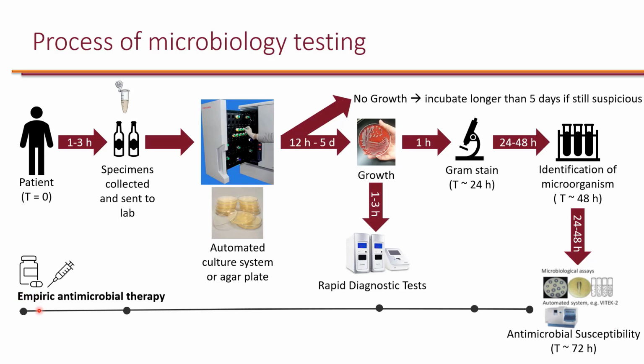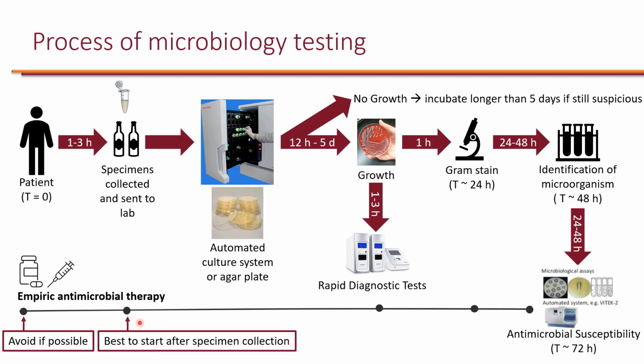So now we can kind of look at the timeline of treatment. We typically want to avoid treatment as soon as the patient arrives, because if you give the antibiotics immediately, you might not be able to identify anything because you kill all the organisms. So you want to get your samples first if possible, and then start treatment after you get the samples.